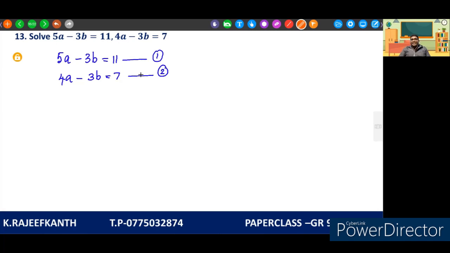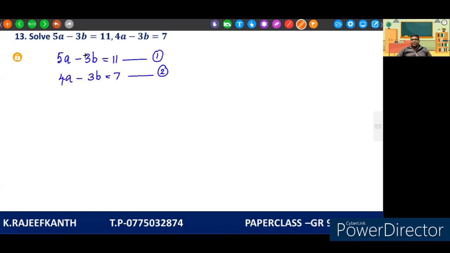Now, by solving these two equations, we have to find the values of a and b. Right? So first we have to check the coefficients of the unknown variables. Here, these two are a. The coefficients are 5 and 4.